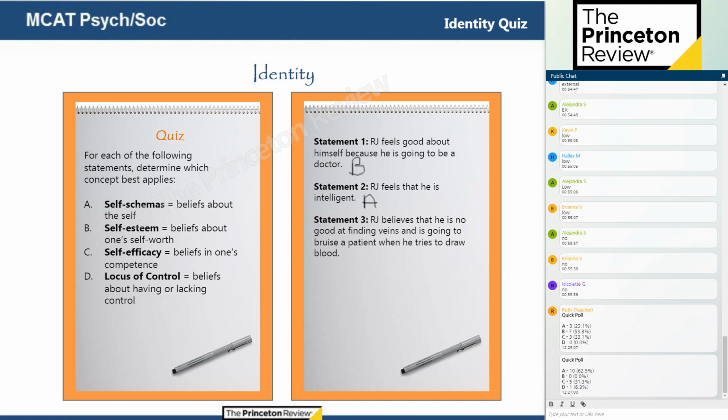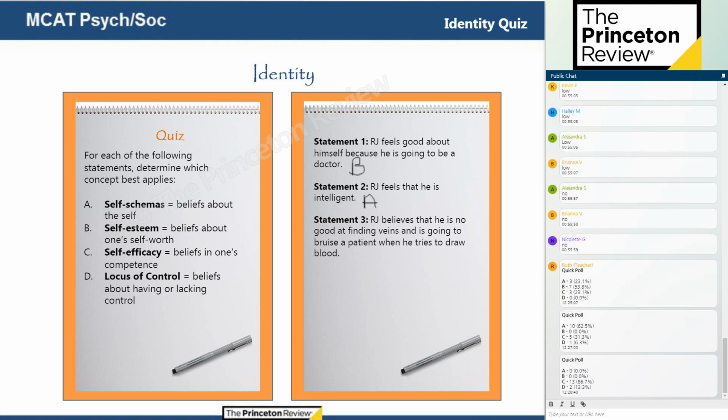All right, statement 3. Publishing these results, and most are in agreement, and correctly so.